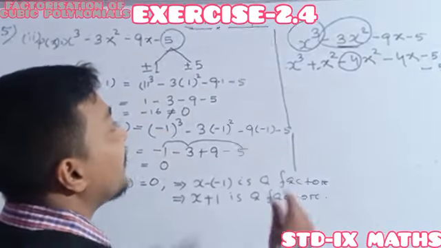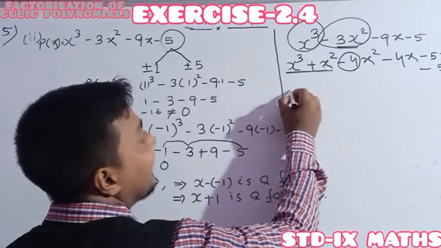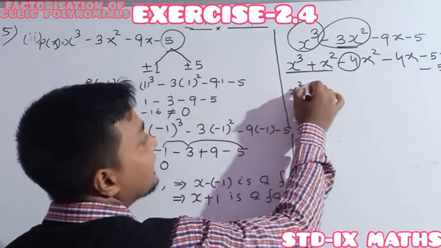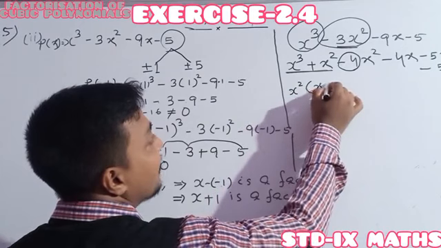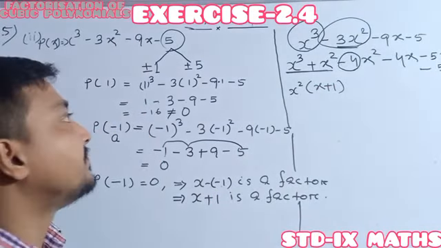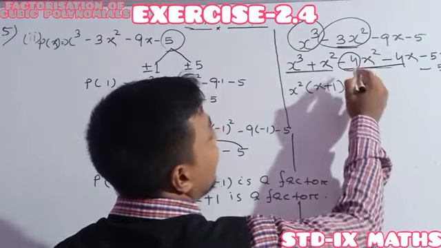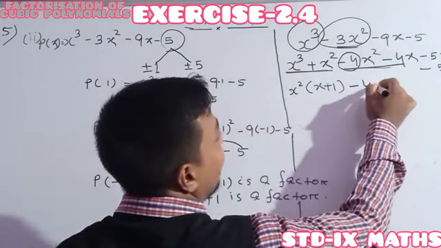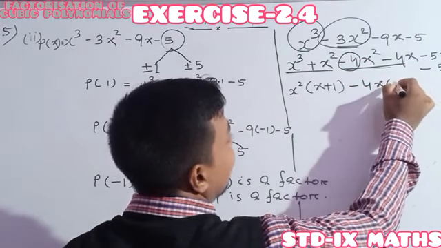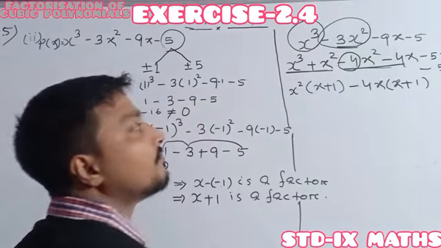Ready? So from the first two, which one can we take as the common? X square, within the bracket x plus 1 it will be there. Ready? And from the second two, which one can be taken as the common? Minus 4x. Minus 4x I can take as the common. Within the bracket it will be our x plus 1.